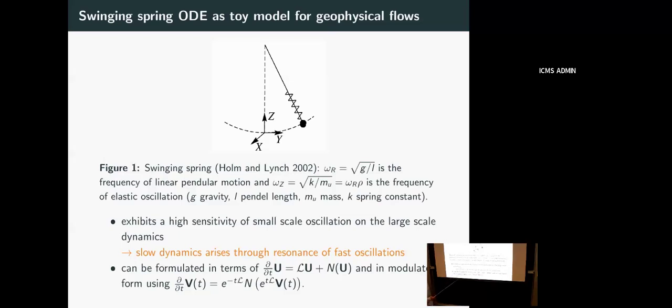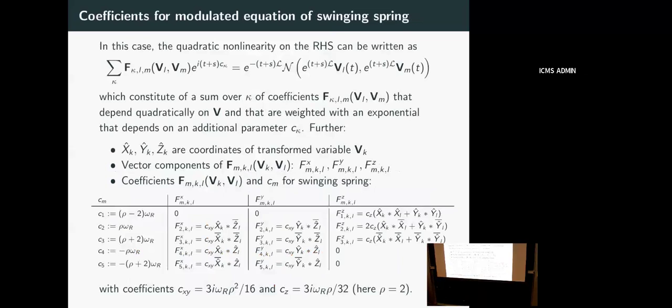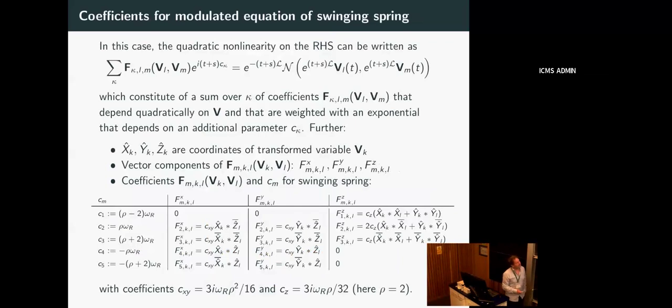And the other important part is that we can represent this model, which is an ODE, in terms of this modulated system, right? We can write this one with a fast and a slow part, and a nonlinearity, and we can write this model in terms of what we want. This is what I'm doing on the next page. It looks a little bit complicated, sorry for this, but you don't have to understand the detail.